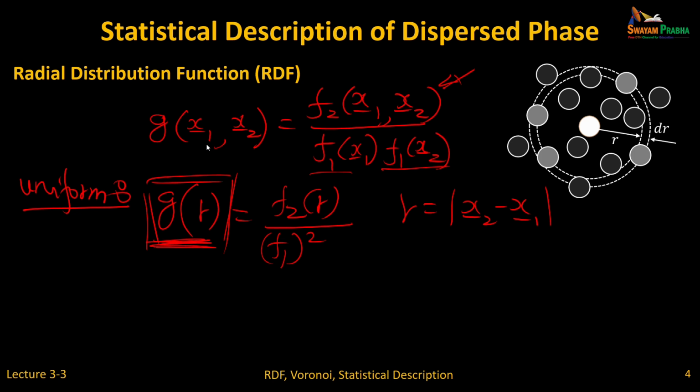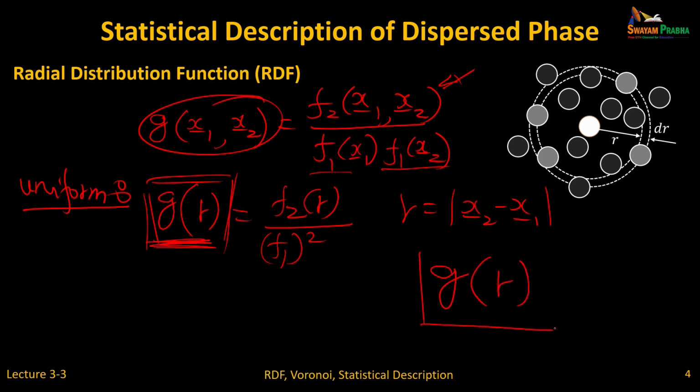So, here, one way to think of this g in an isotropic case: this complicated thing will become only a function of r. Because of the symmetries in isotropic multiphase turbulence, g is only a function of r. And what is this g as a function of r?